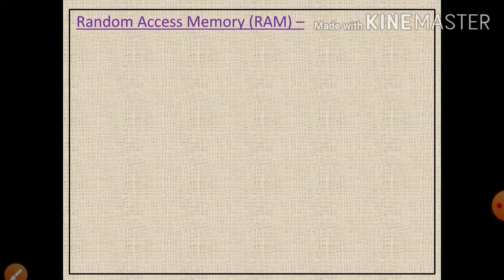Now we will move to the first part of primary memory, that is RAM, also called random access memory. It is the internal memory used for storing data, programs and program results.